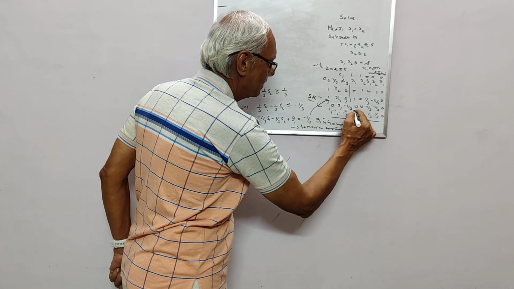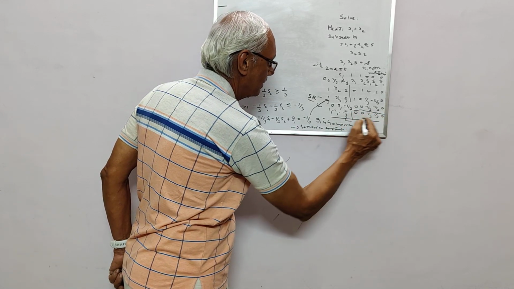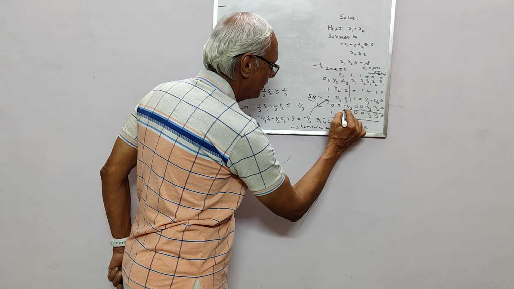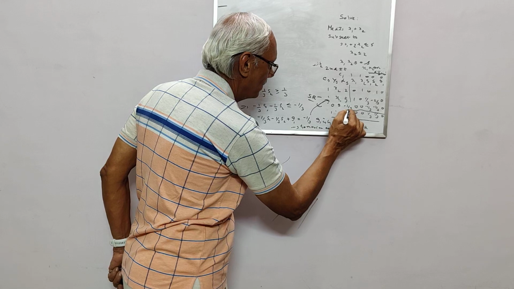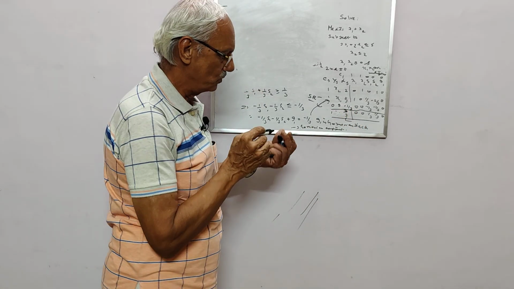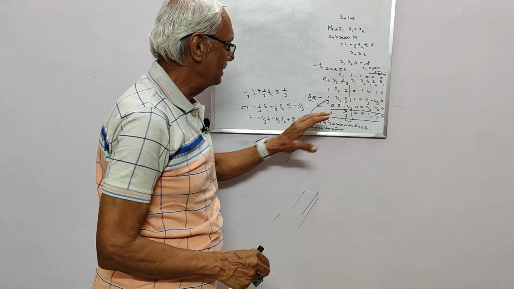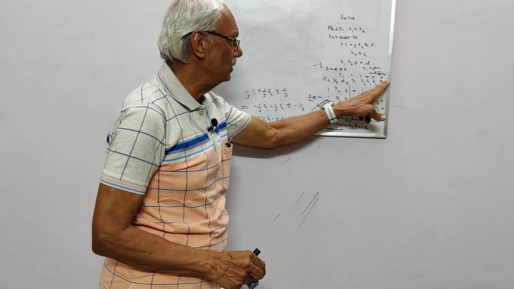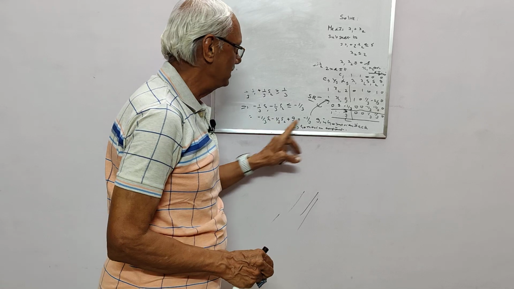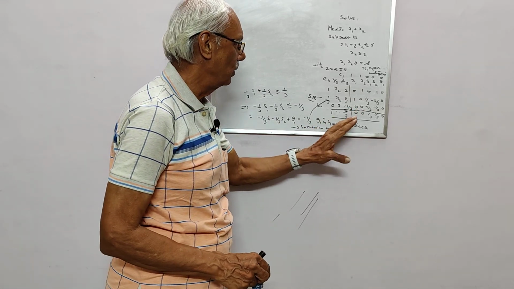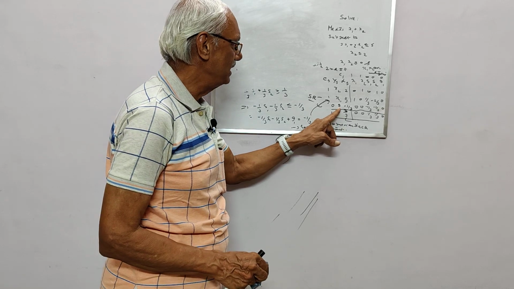So this is what you get here. I am inserting this here, taking G1 as 0 and writing this equation. X1 is absent, 0. X2 is absent, 0. Other things I have written here.